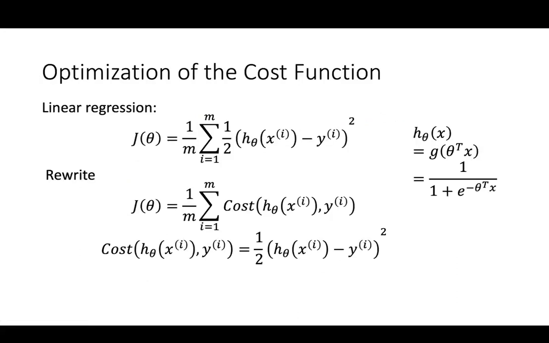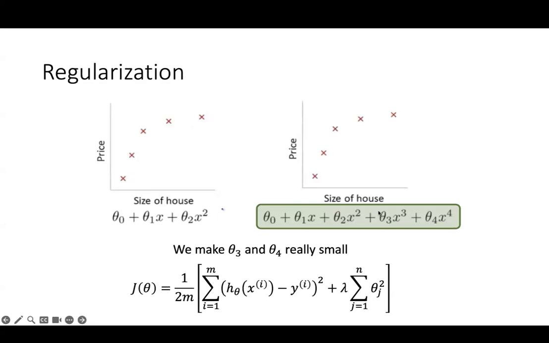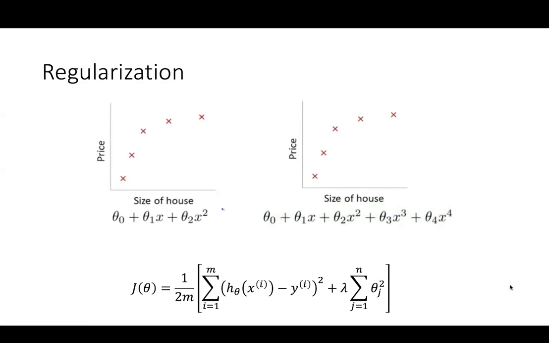And you do that by applying a constant in front of this theta 3 at saka theta 4 dun sa cost function. One of the ways para ma-avoid natin tong underfitting tsaka overfitting is to use regularization. So it's one of the techniques that is used.